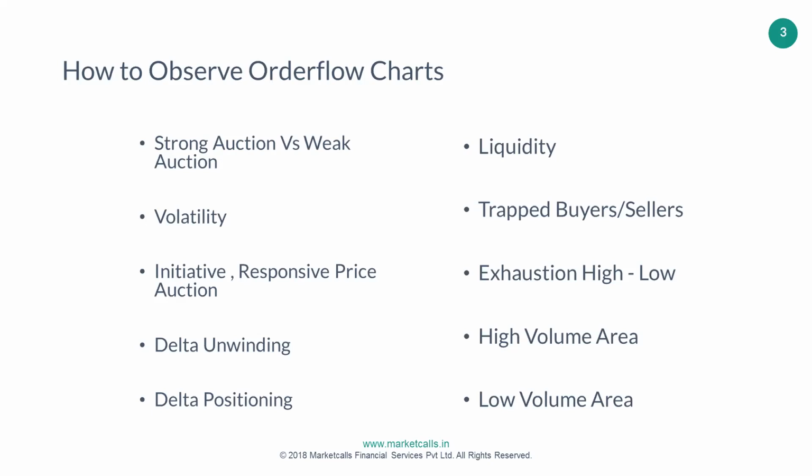We almost talked about this yesterday: a trapped buyer or trapped seller, an exhaustive high or exhaustive low, high volume area and low volume area, and how much they matter. These are the basic foundations for developing any kind of strategies.